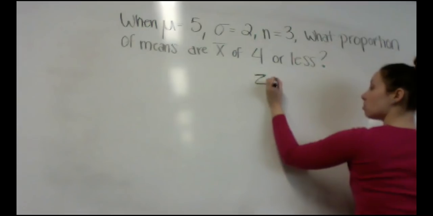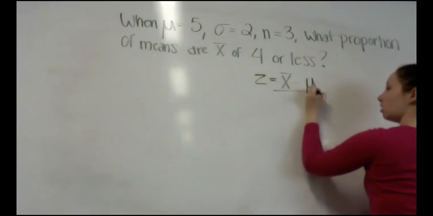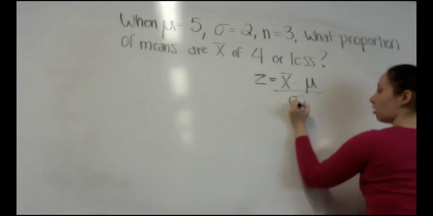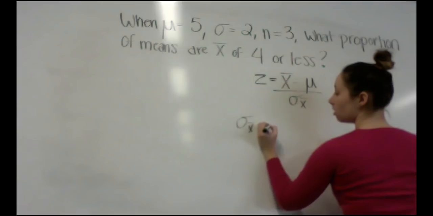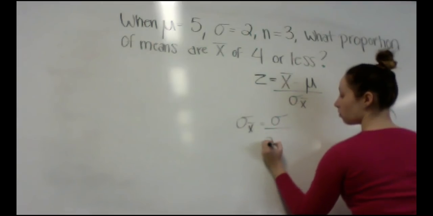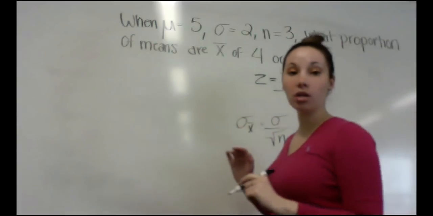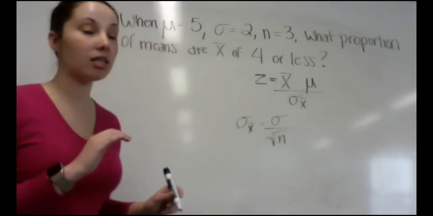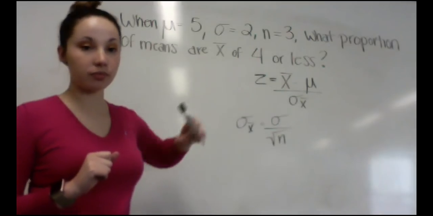Z equals sample mean minus population mean over standard error, where our standard error is population standard deviation over the square root of n. So the first thing we're going to do is find the z-score that is associated with a sample mean of 4.